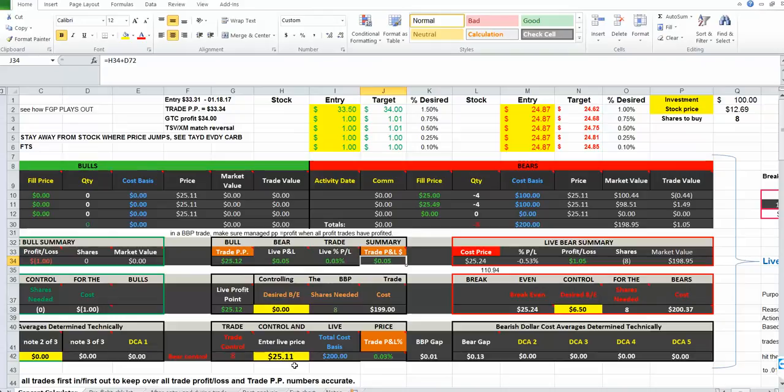I'm happy, happy, happy. The number one reason why is if we do things differently and we don't follow our rules, instead of losing a nickel, you could be losing $5,000. Okay, easily, if you have that big of an investment.